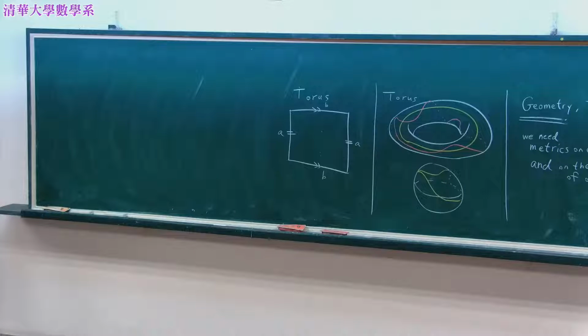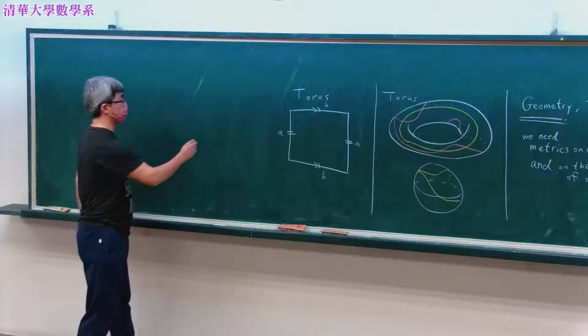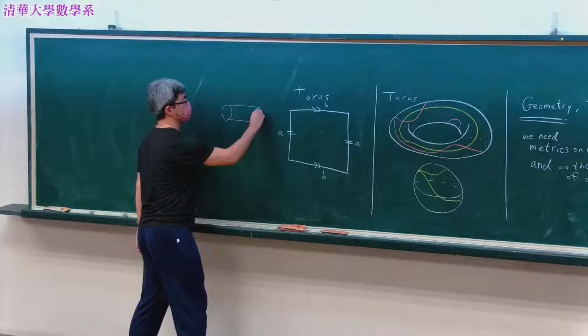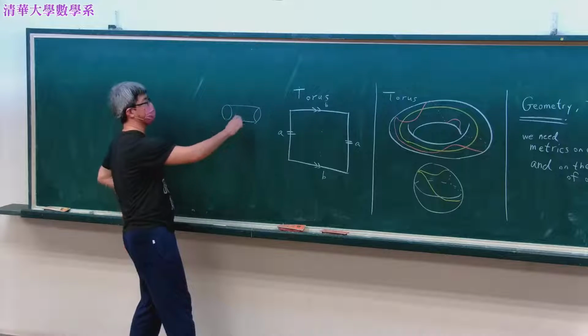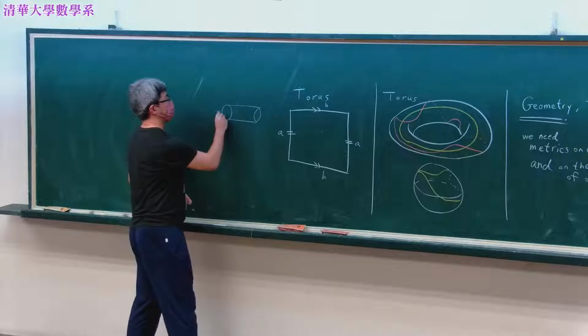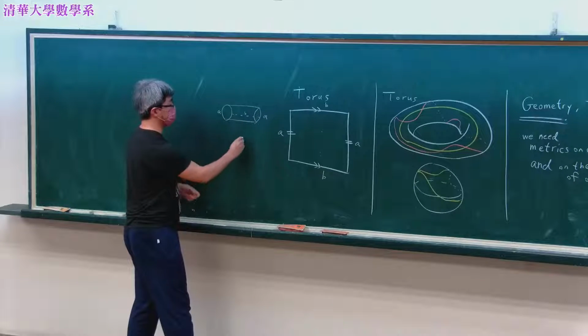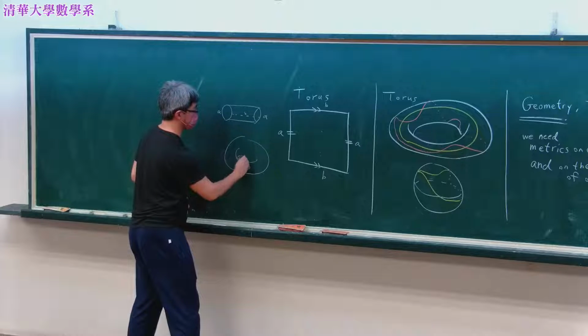You are seeing something as simple as, oh yeah, you glue things together. So you glue the top and bottom together to get this, and then you glue these together to get a nice torus picture.